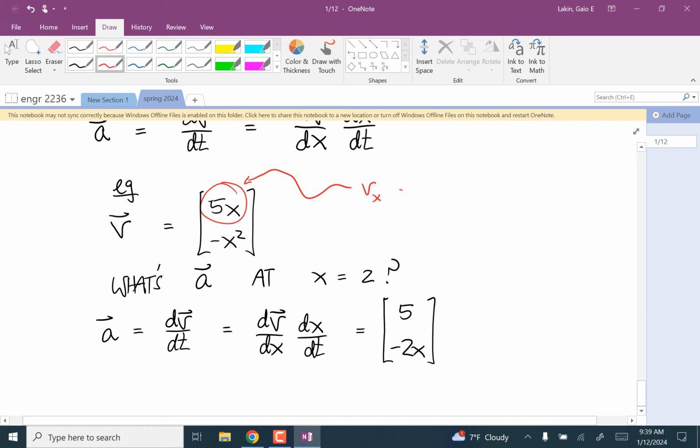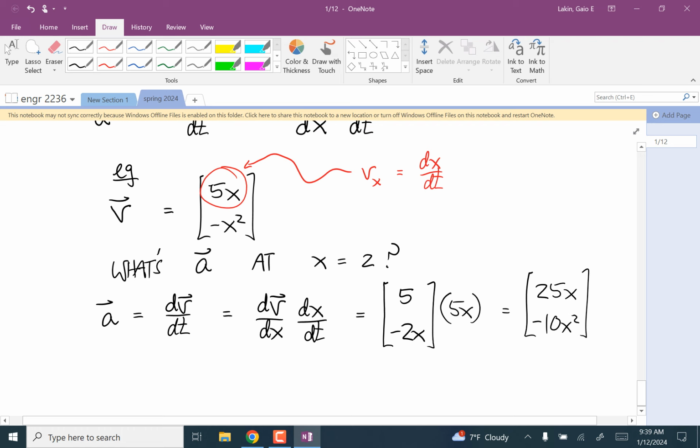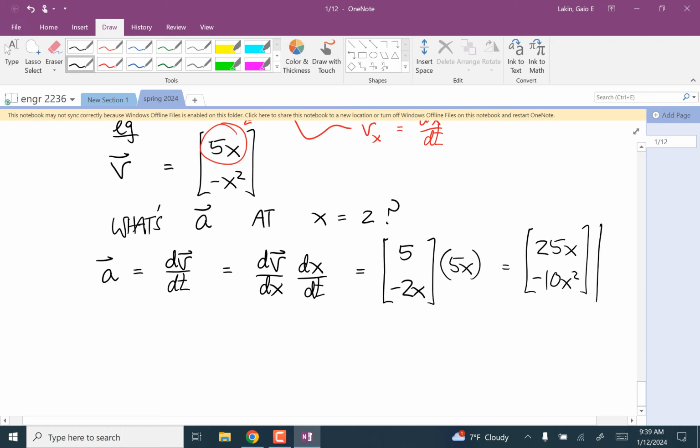This is Vx, which is equal to dx dt. So multiplied by 5x, and you get (25x, -10x²). Then evaluate that at x equals 2, and you get an acceleration equal to (50, -40).